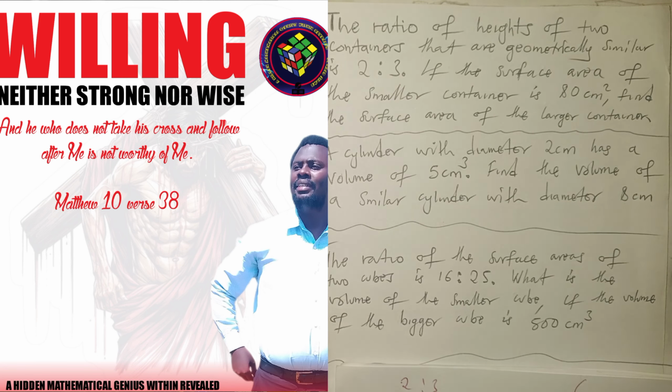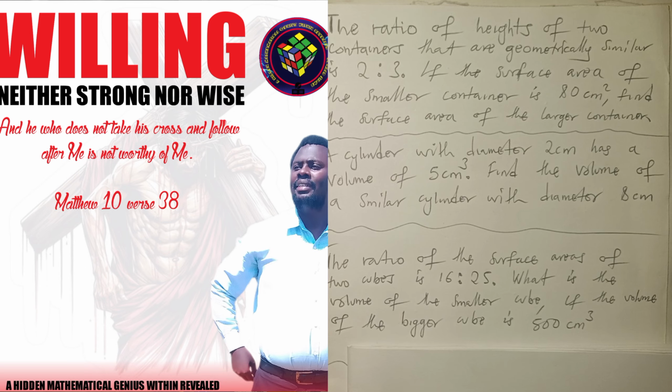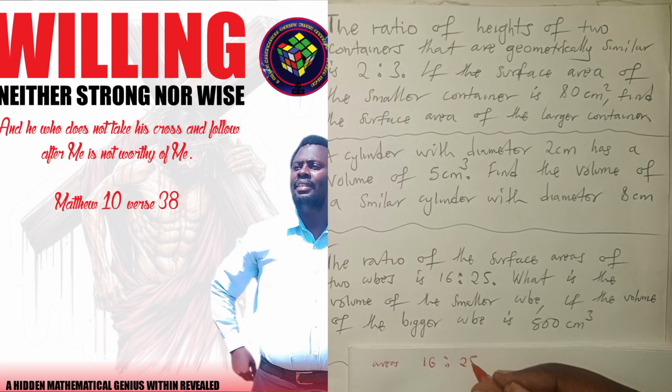The ratio of the surface areas of two cubes is 16 to 25. So that one is the ratio of areas, that is 16 to 25.